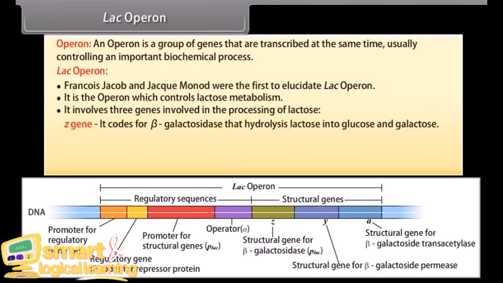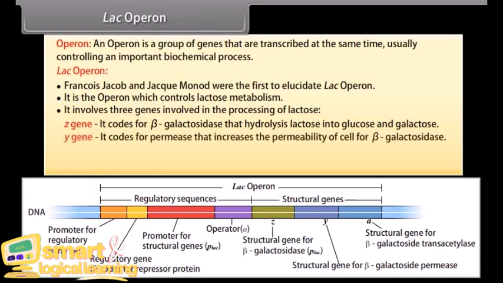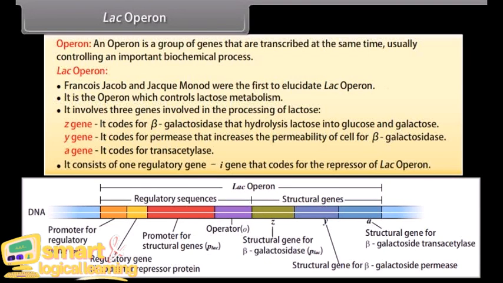Z gene codes for beta-galactosidase that hydrolyzes lactose into glucose and galactose. Y gene codes for permease that increases the permeability of the cell to lactose. A gene codes for transacetylase. It also consists of one regulatory gene, the I gene, that codes for the repressor of lac operon.